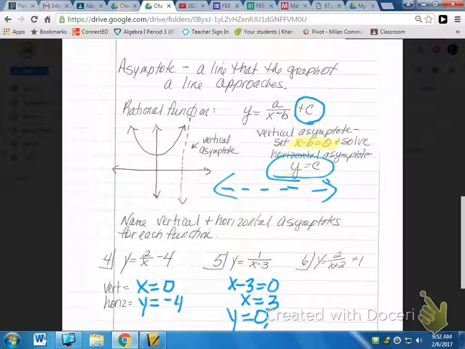And then finally, number 6, the vertical would be taking x plus 2 equals 0. What is my vertical asymptote then? X equals negative 2. And y equals 1. So that is finding the vertical and the horizontal asymptotes. Now we're actually going to check out the graphing of them.